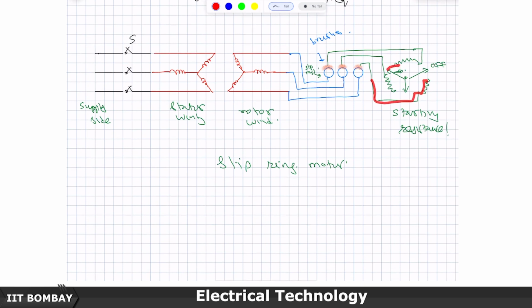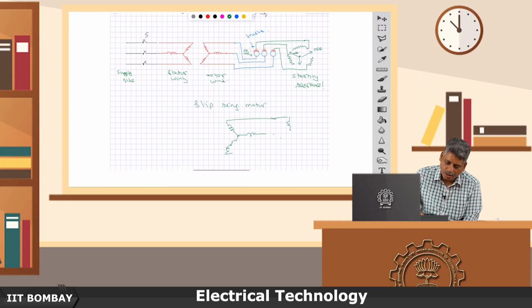So, when I move this contact to here, this contact comes here and this contact comes here, then it is like this winding getting connected to a set of 3 equal resistances, like this, and like this.